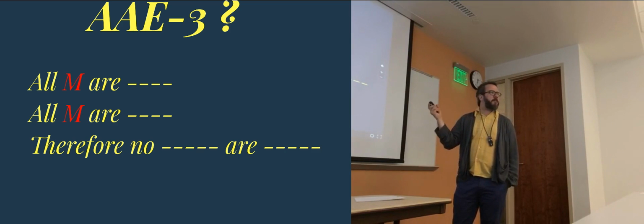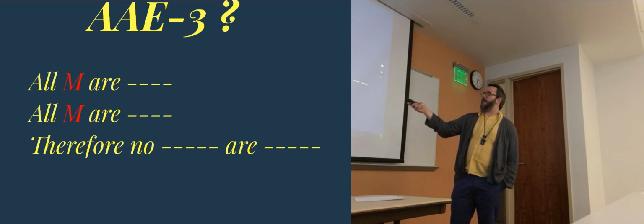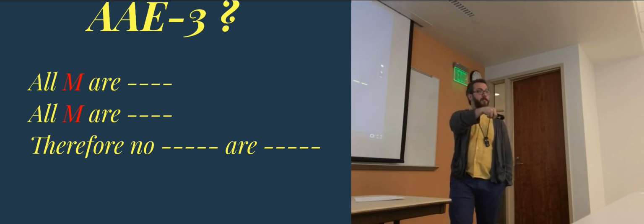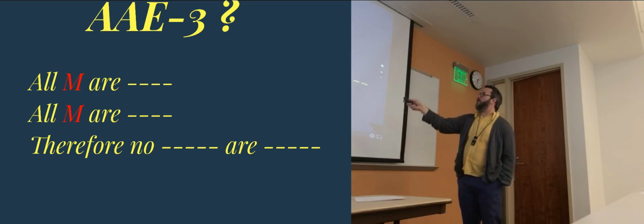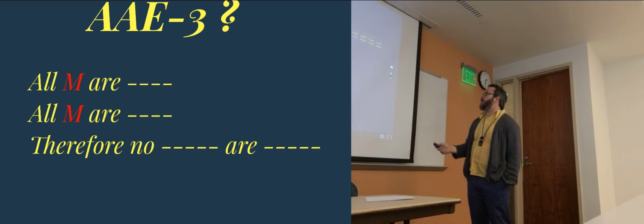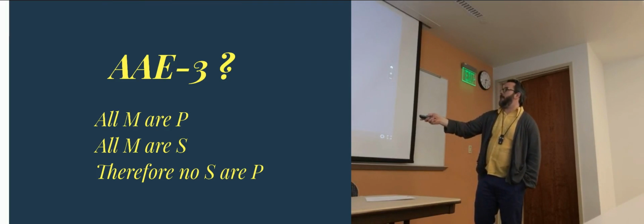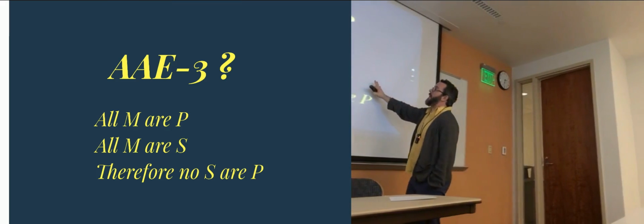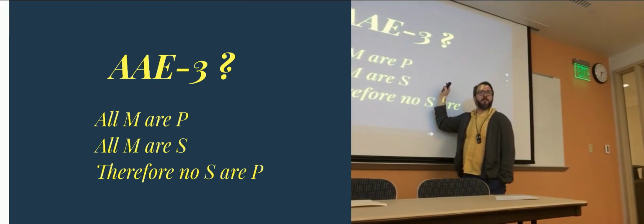And now where do my minor and major terms go? Major one's got to be in the first premise, and also in the predicate of my conclusion. And then my minor term is going to be in the second premise and the subject of the conclusion. That's the expanded form of an AAE3 syllogism.